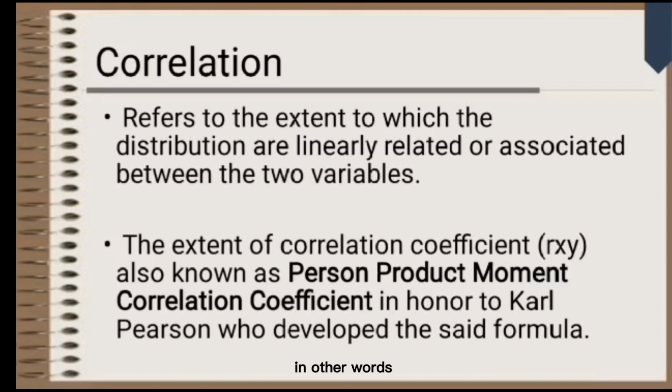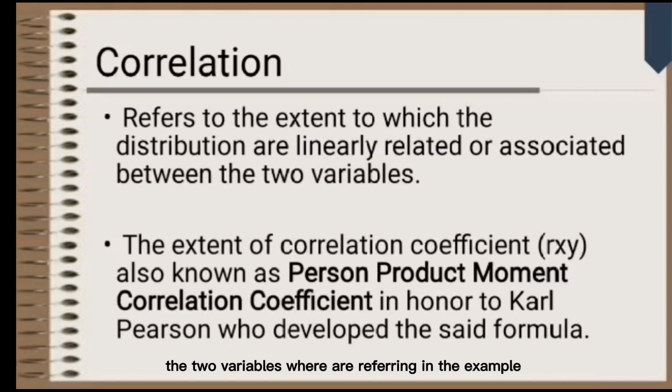In other words, they are tied up or connected, and correlation can be used for us to know the relationship between the two or more variables. Let's say our pen and eraser have a relationship. Then we will use correlation. For example, the increase in height of a child is also accompanied by an increase in weight.